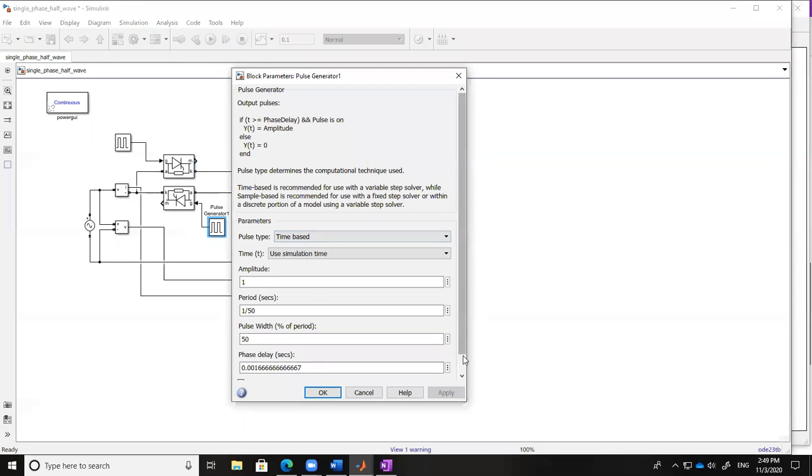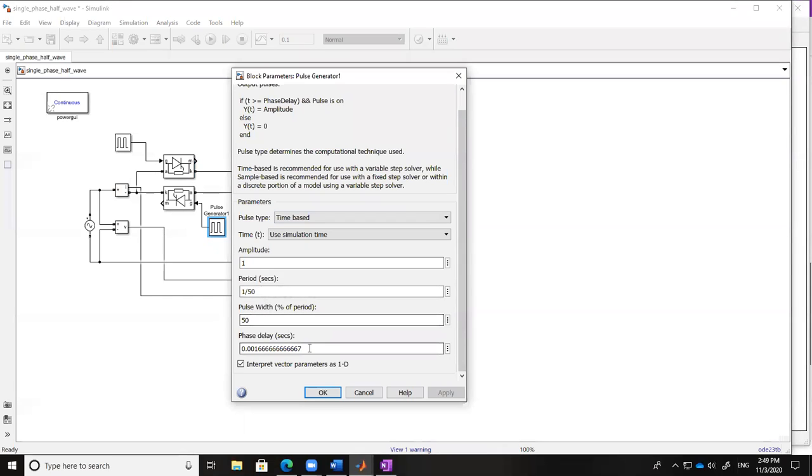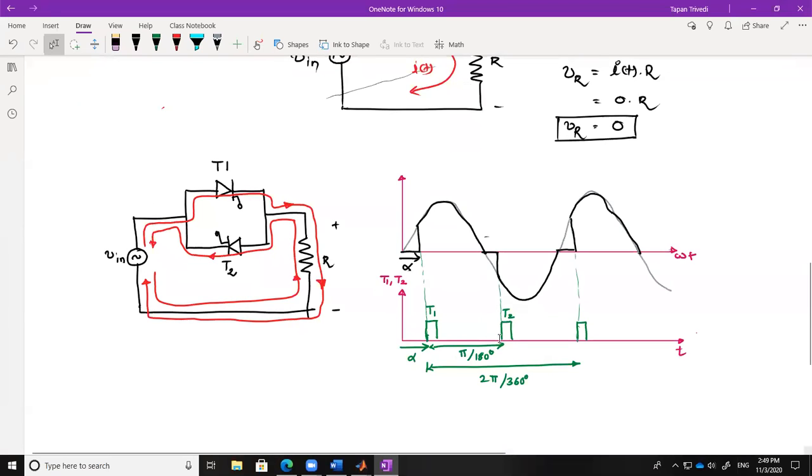So here, as I said, the phase delay should be alpha plus 180 degree. Okay. You look at this. What should be the phase delay of T2? It should be pi plus alpha. Fine.